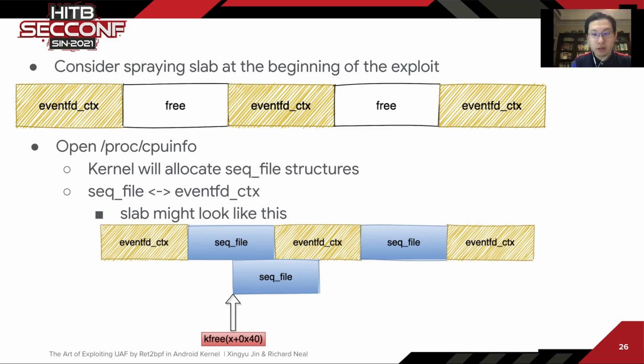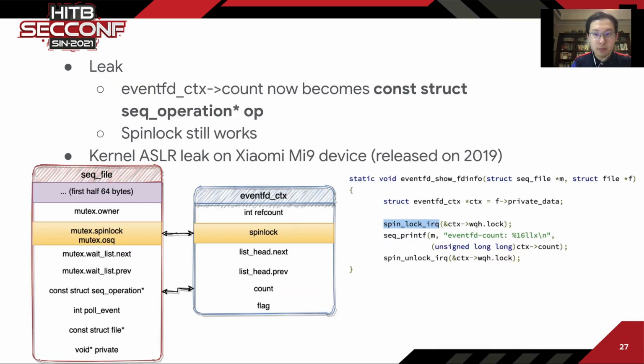The overlapped eventfd and seq_file structures lead to a very interesting result: the count from the eventfd now becomes the seq_operations. Very likely the spinlock overlaps each other, so the spinlock from the eventfd still works, and we can read the seq_operations from the eventfd through the pseudo-file system again. By doing so, we can successfully leak the kernel ASLR from the Mediatek device here.